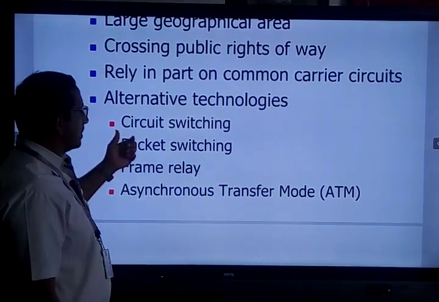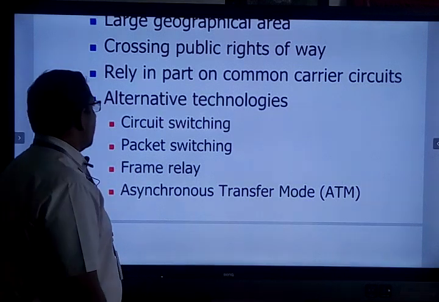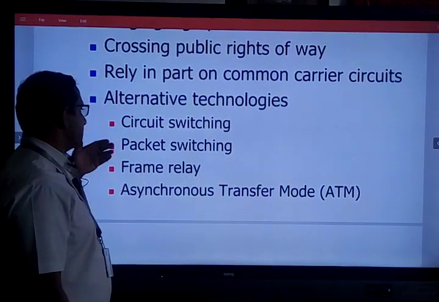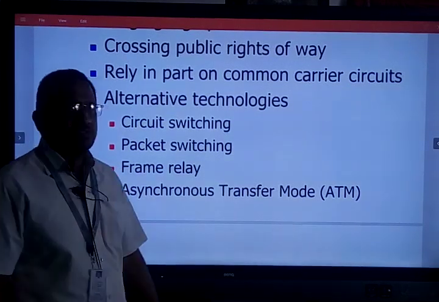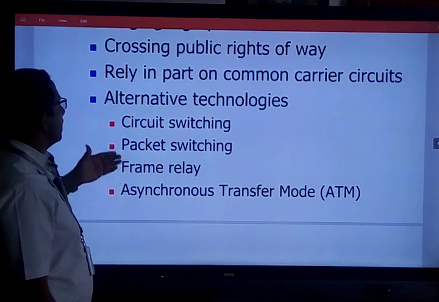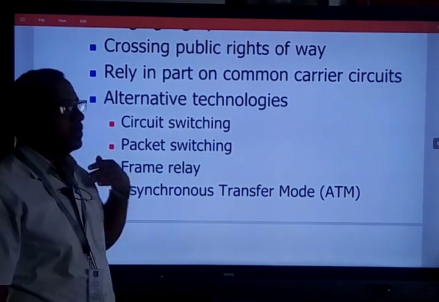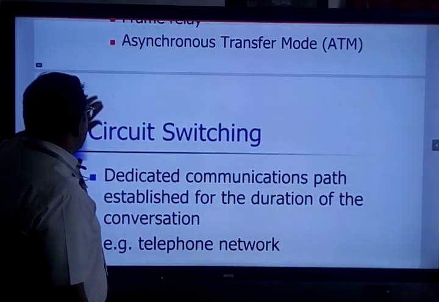We can connect computer 1 data to computer 2 data with the help of circuit switching technology, packet switching technology, frame relay technology, and asynchronous transfer mode technologies. These four are the technologies using which we connect a source computer to the destination computers.